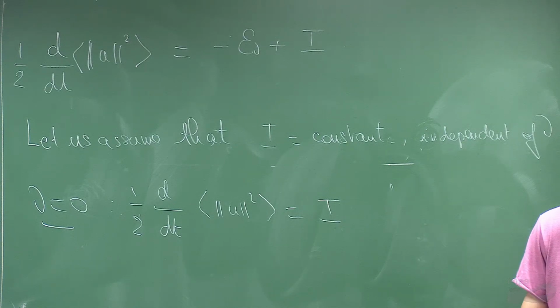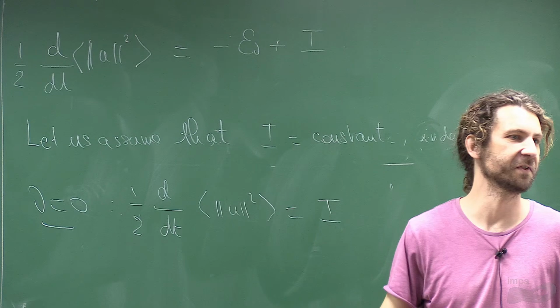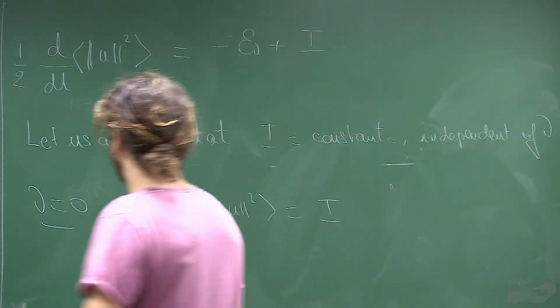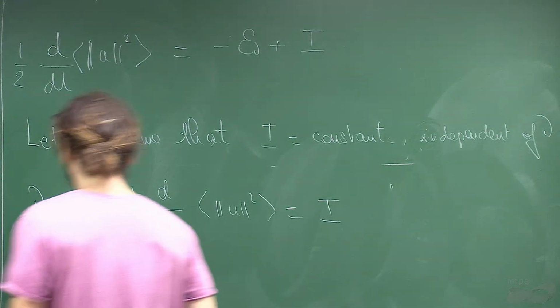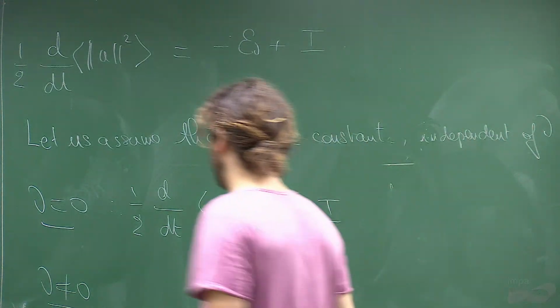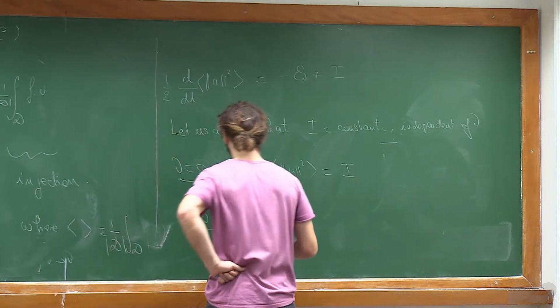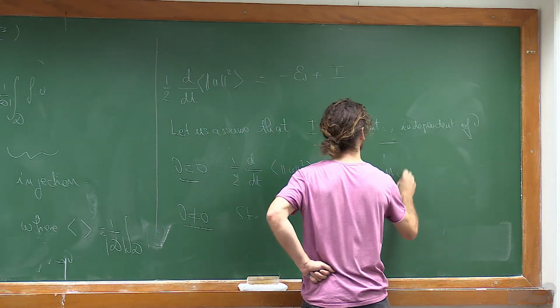If you don't have any term that dissipates, you don't dissipate. But now, when nu is not equal to 0, you have the possibility of a steady state. And in particular, a steady state, so here is no steady state.